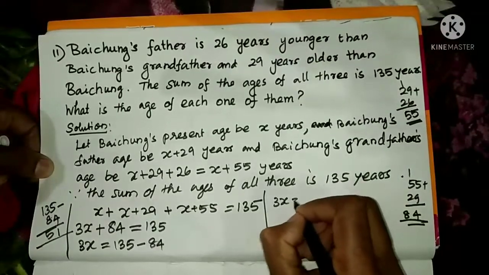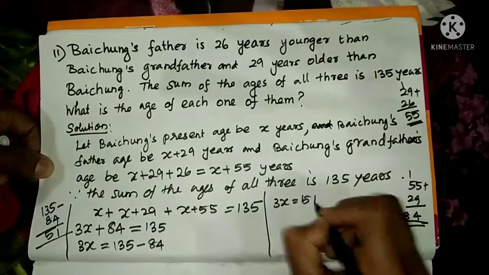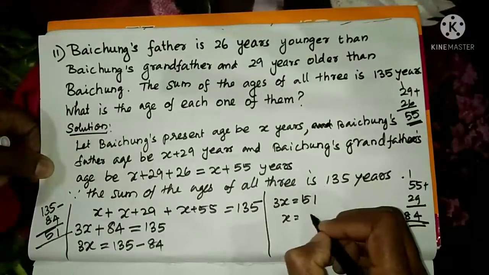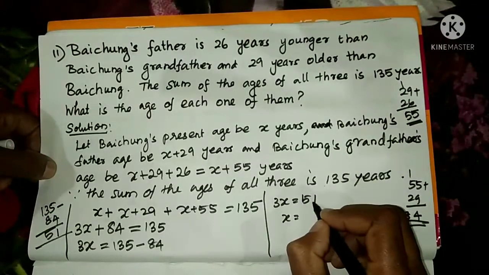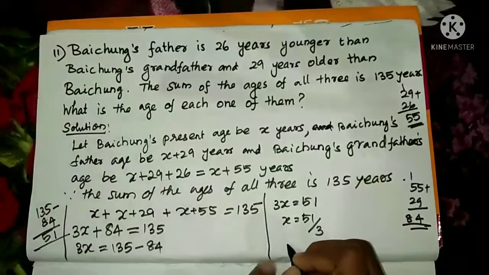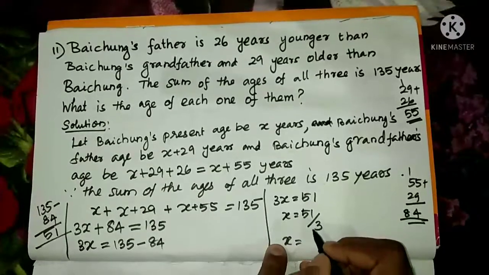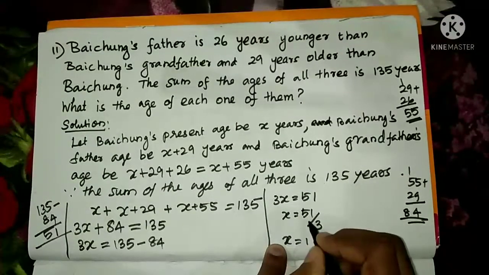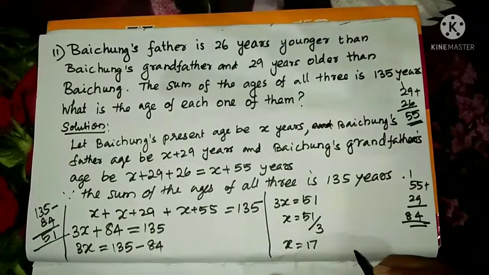So 3x is equal to 51. x is equal to, when you divide 51 by 3, 3 goes in 5 one time, 21, 7 times, so 17.